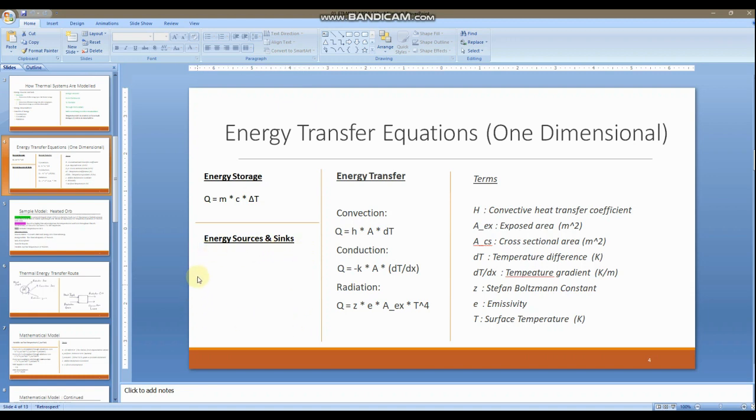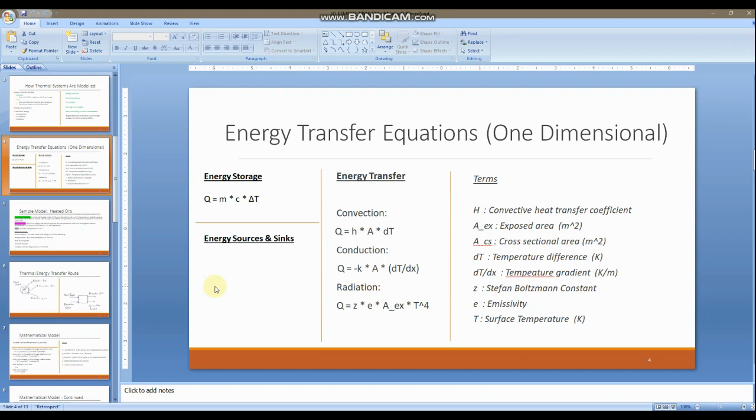And finally, we'll need to figure out how to model energy sources and sinks. Now, there's really no definite hard and fast equation that I can offer you to model energy sources and sinks. So we have to take energy sources and sinks, look at the problem definition, and figure out how to do it. So it needs to be considered on a case by case basis.